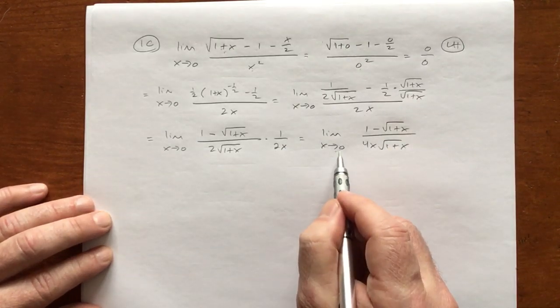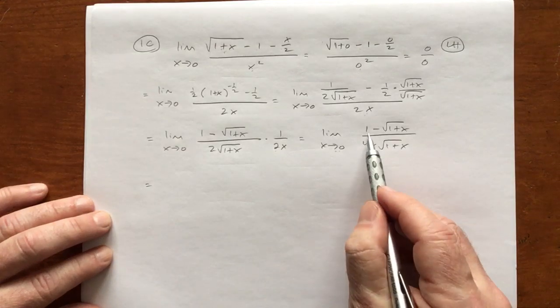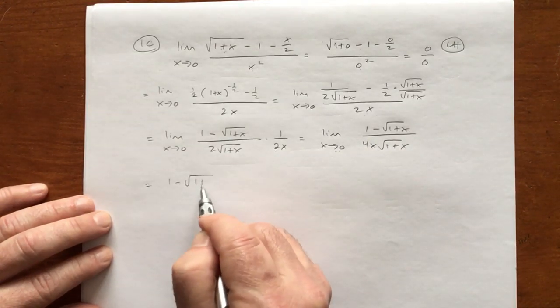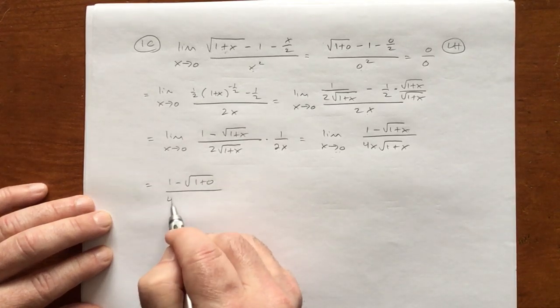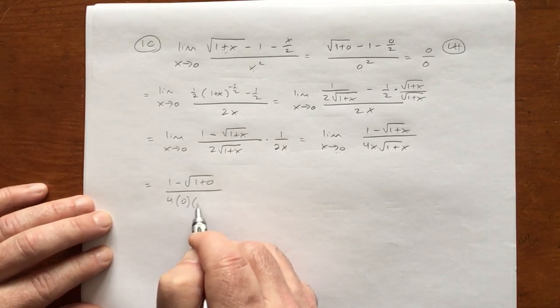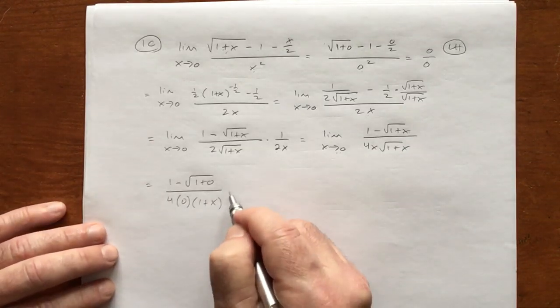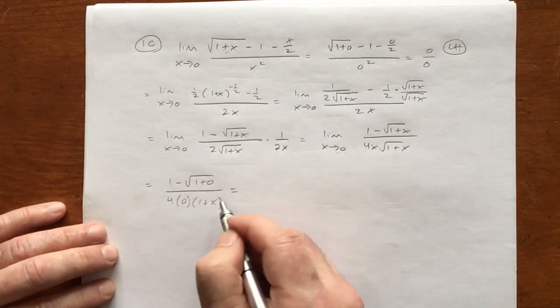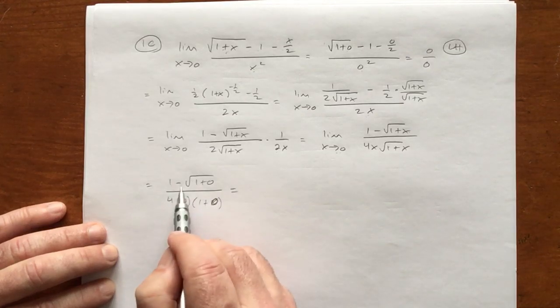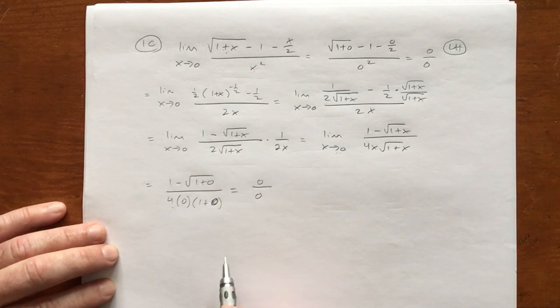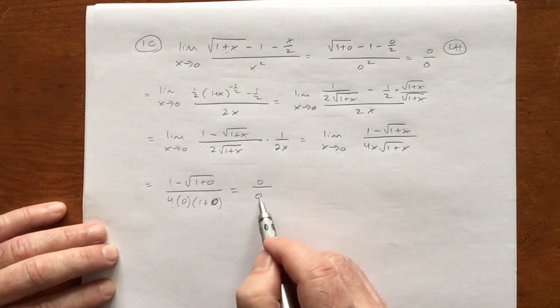And now I'll try once again. Let's see if I can replace the x's with 0. So I get 1 minus 1, and on the bottom I get 0, so I'm kind of stuck here.